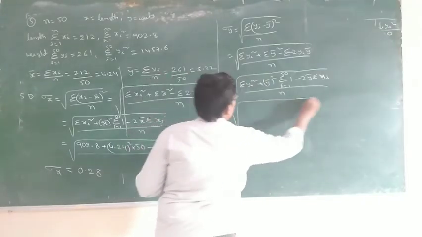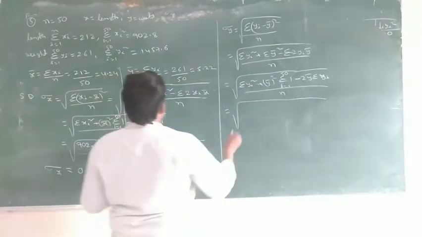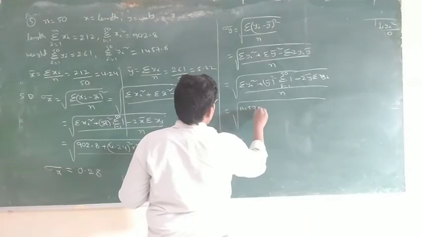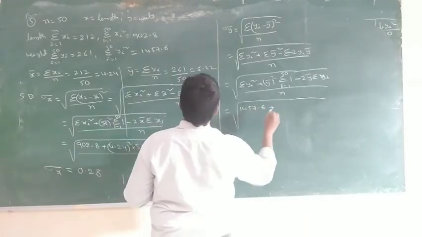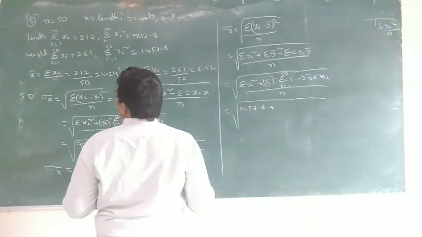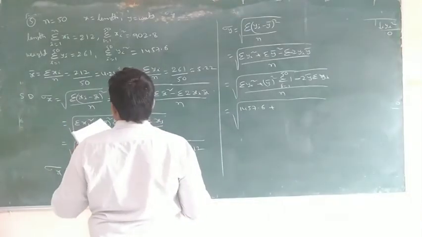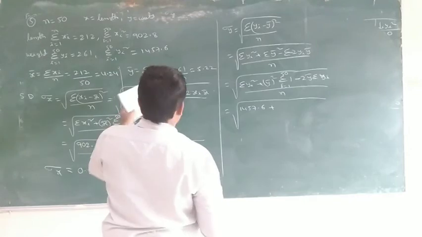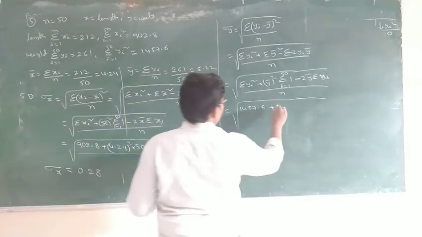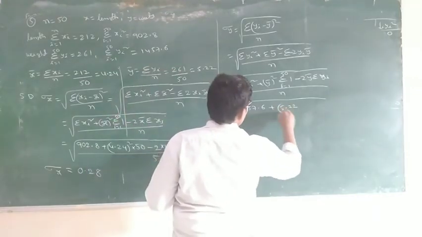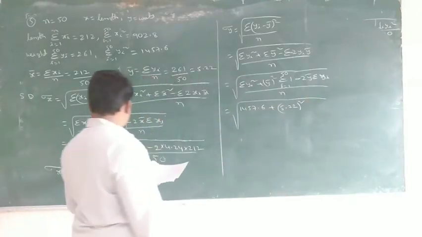So Σyi square is equal to 1457.6 plus y bar, which is 5.22, whole square. Okay?